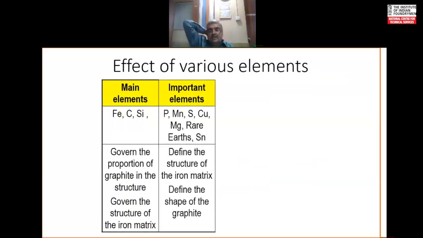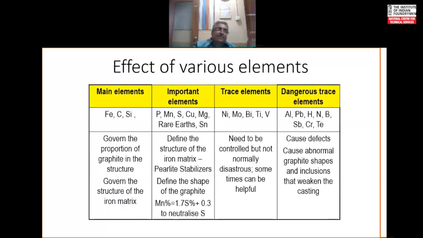This is a small table which summarizes the effect of main elements, important elements, trace elements, and dangerous elements. So as we have discussed, iron, carbon, and silicon govern the proportion of graphite in the structure. They govern the structure of the iron matrix also. Now, phosphorus, manganese, sulfur, copper, as we saw, have a big influence on the matrix of the iron.